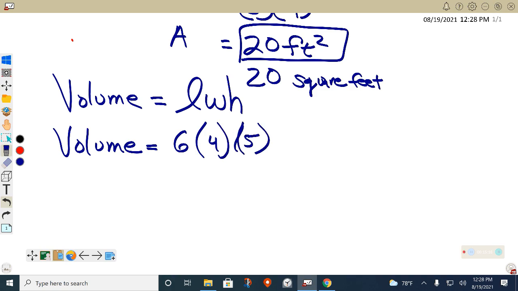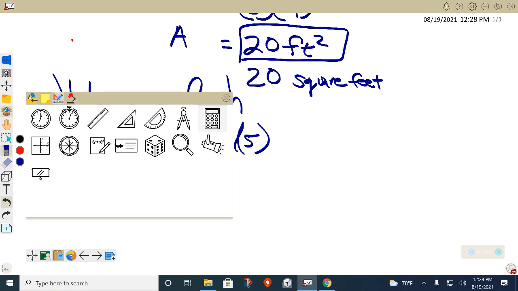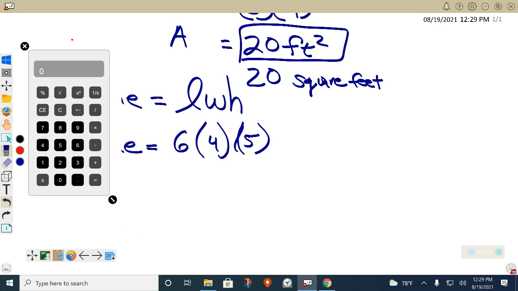Just separating all the numbers by parentheses. Here we go. We get my calculator out. 6 times 4 times 5.